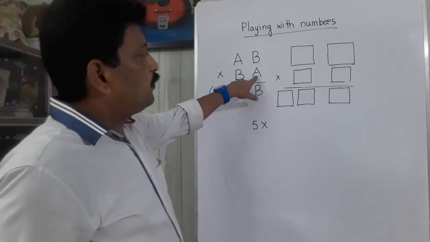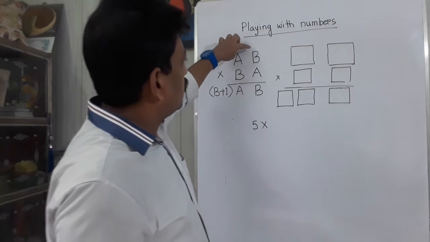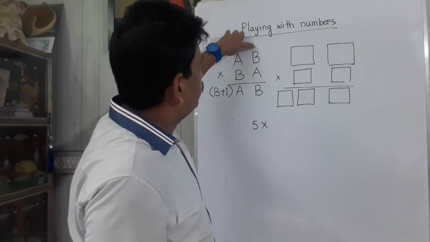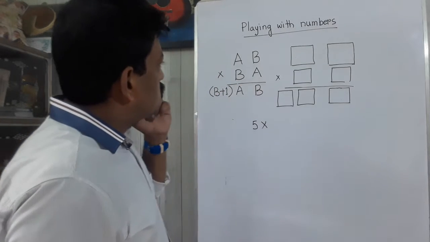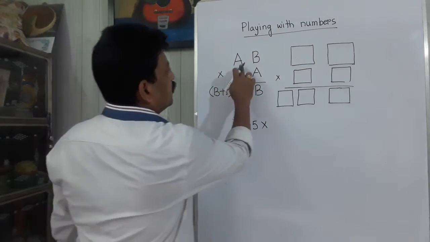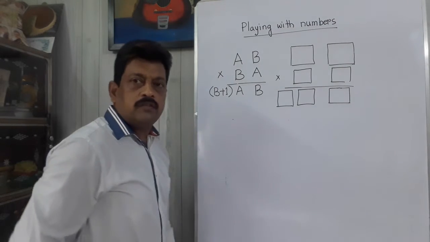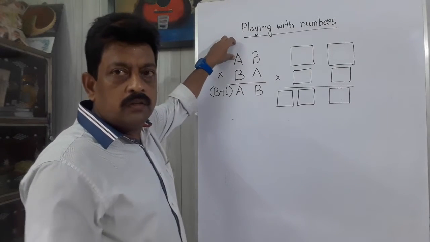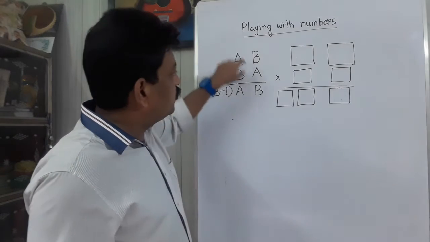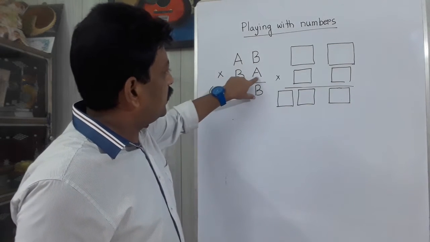Now this can be 1. So it becomes 15 and it becomes 51. Let me try with 15 and 51 whether it is matching or not. If it is not matching, then I have to change this 1 with the next odd number. I have told you A should be an odd number.